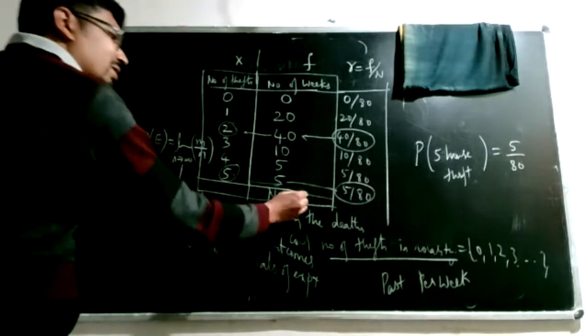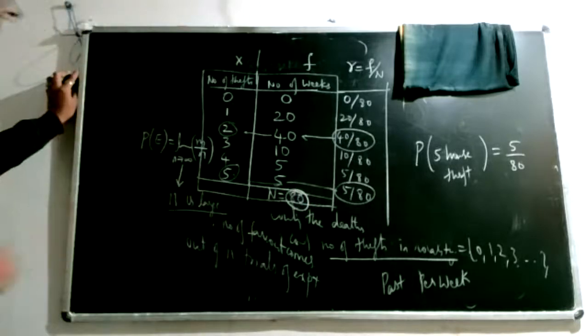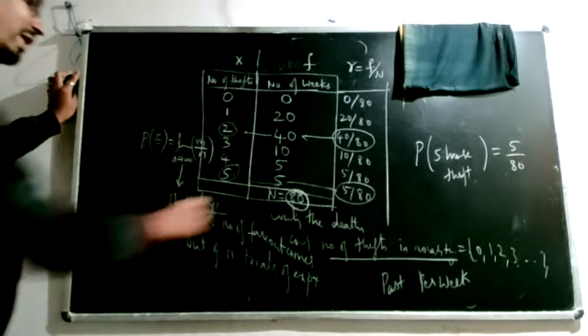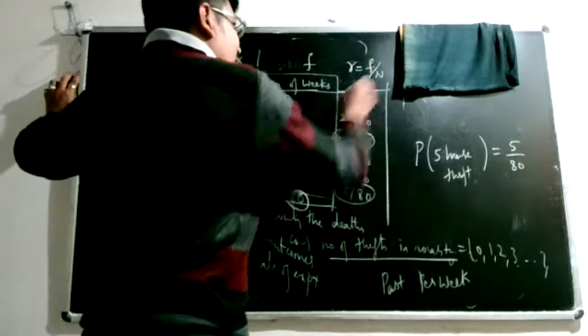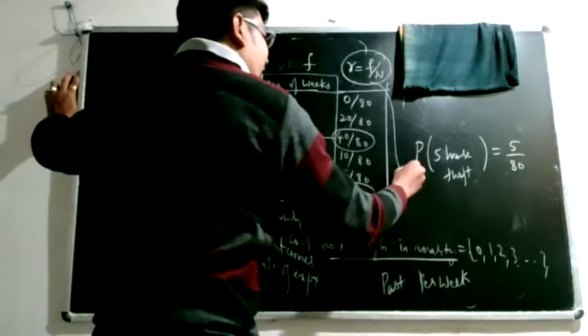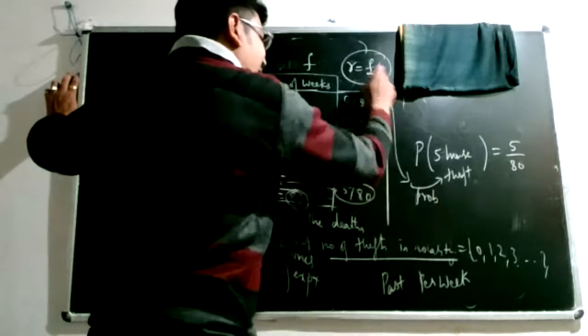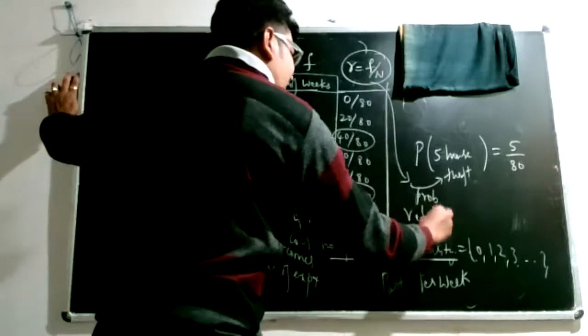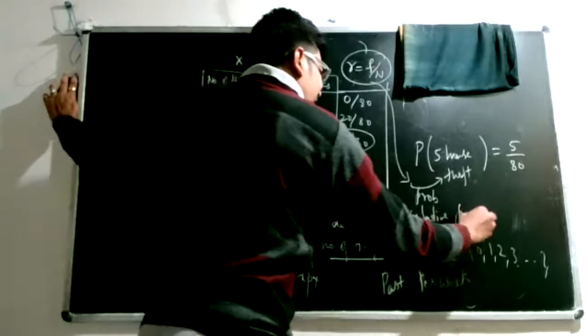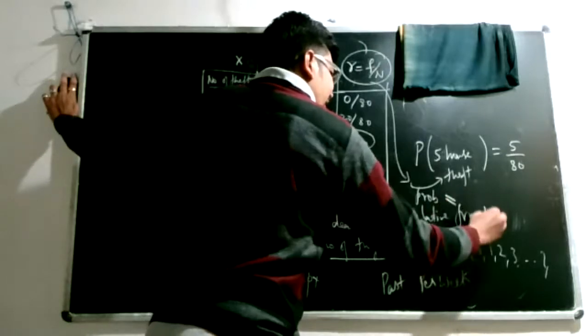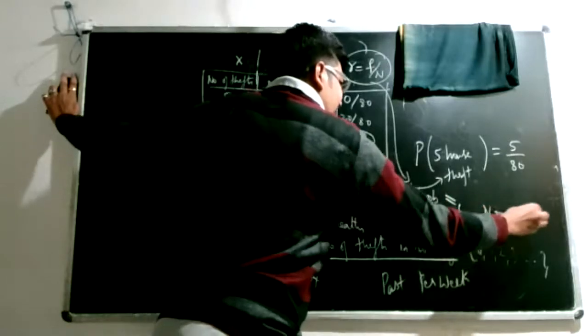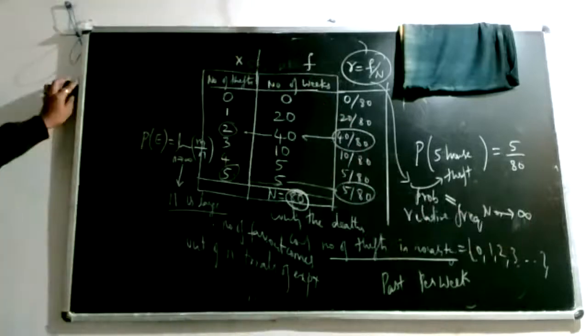As said, n should be large to make sense. So if n is large, then R equal to F by N actually produces probability, and your relative frequency is nothing but probability, provided n is large.